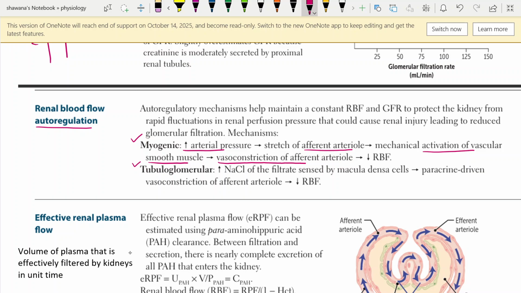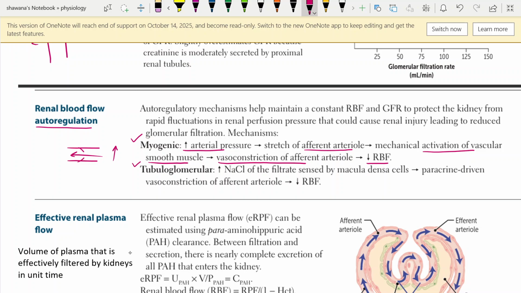Because the systemic blood pressure is high, a large amount of blood is flowing towards the glomeruli. Due to the activation of vascular smooth muscle, there will be constriction of the afferent arteriole, and less blood will flow despite the hypertension, causing low renal blood flow. So it's good for us. So it will lead to low GFR, because originally GFR was high.